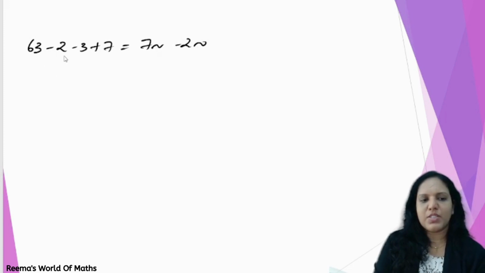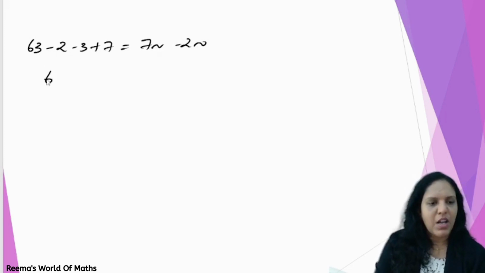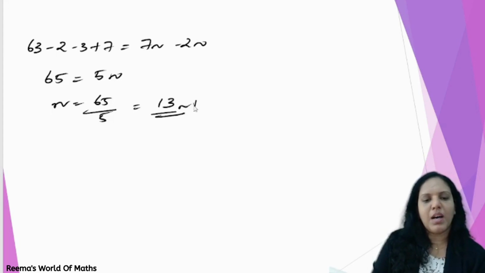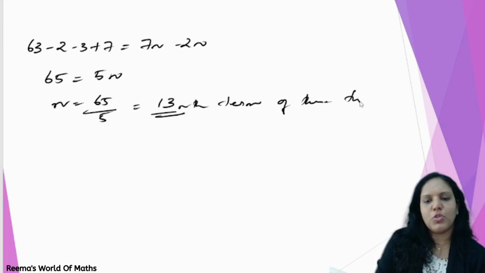So 63 minus 2 is 61, 61 minus 3 is 58, 58 plus 7 is 65. So 65 equals 5n, and n equals 65 by 5, which is 13. So the 13th terms of these two APs are equal.